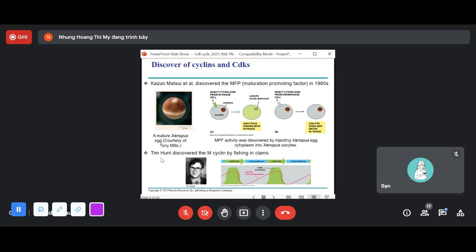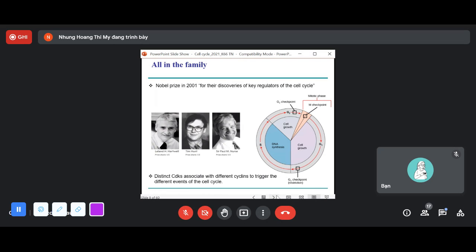This professor worked on clams. Do you know clams? Okay, so he used another model to do the research on the cell cycle control molecule, and Tim Hunt, by working on the clam, identified the M cyclin.